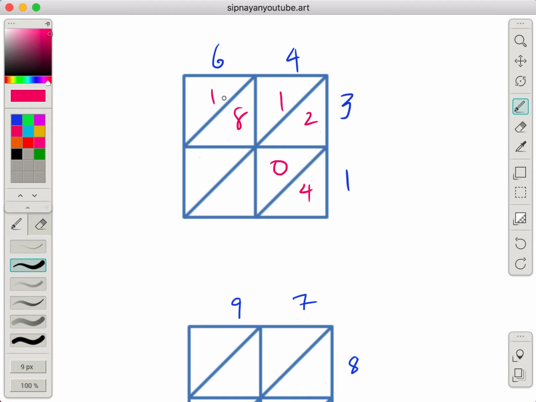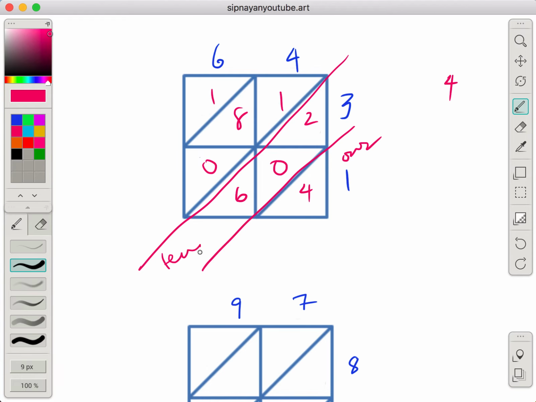Next, we have 6 and 1. 6 times 1 is 6. So, 0, 6. And then, again, we add diagonally. So, yung ating ones place is 4. Yung tens place natin is 6 and 2. That's 8. Again, this is the ones place. This is the tens place. 6 plus 2 is 8.